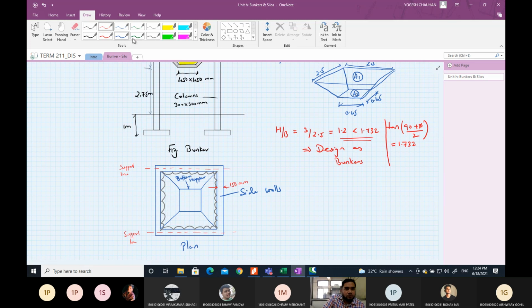But the columns are of 300 by 300. So you have to find the center line of this, because they are the support for these walls. So this will be your center line.